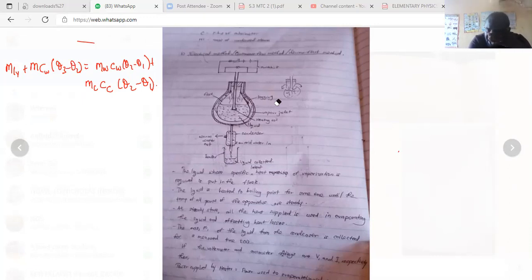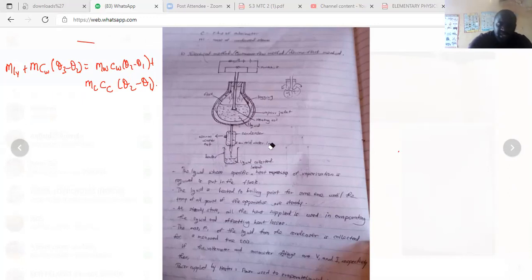The mass M of the liquid from the condenser is collected for a measurable time, T seconds. If the voltmeter and the ammeter readings are V1 and I1 respectively, then power supplied by the heater is equal to power used in evaporating the liquid plus the heat loss to the surroundings.